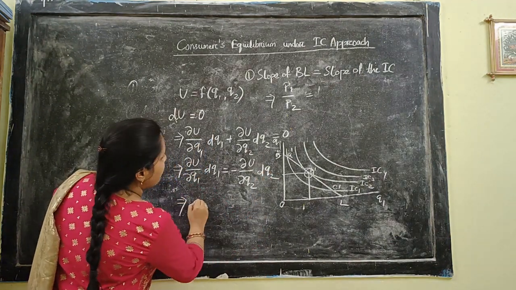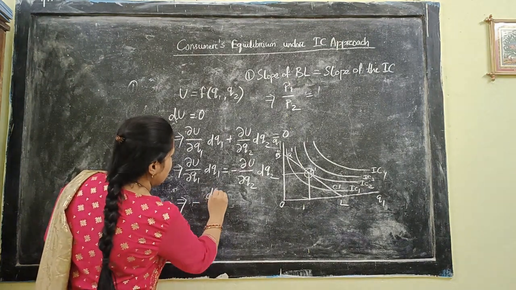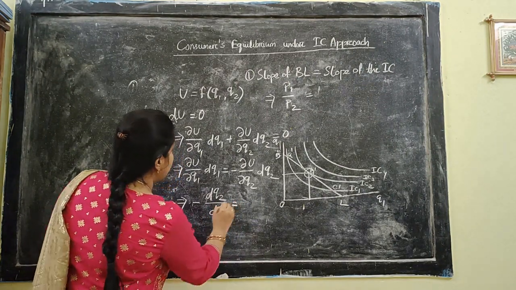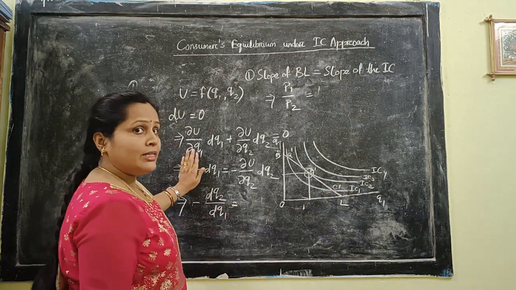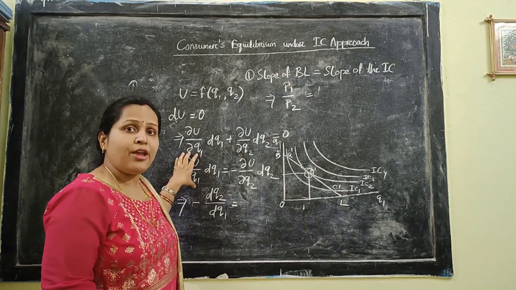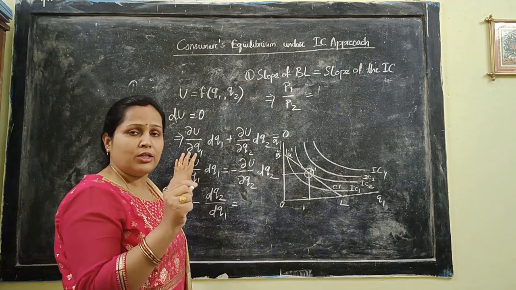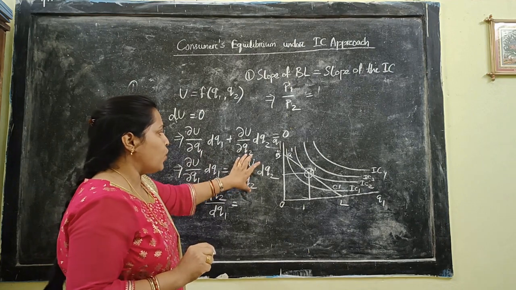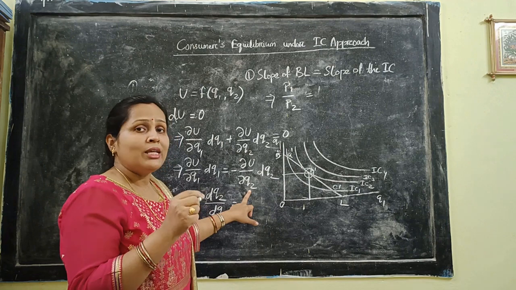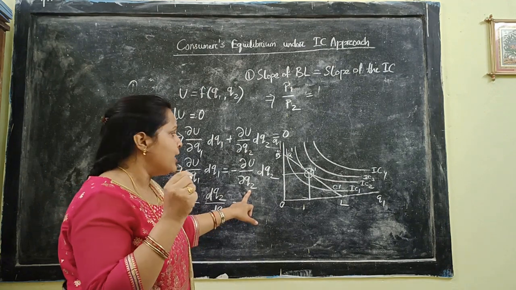This implies minus dQ2 divided by dQ1 is equal to, if I am replacing partial derivative of utility with respect to Q1 as F1, that means the marginal utility of commodity Q1, and partial derivative of utility with respect to Q2 I am replacing by F2, that is the marginal utility from the consumption of commodity Q2.